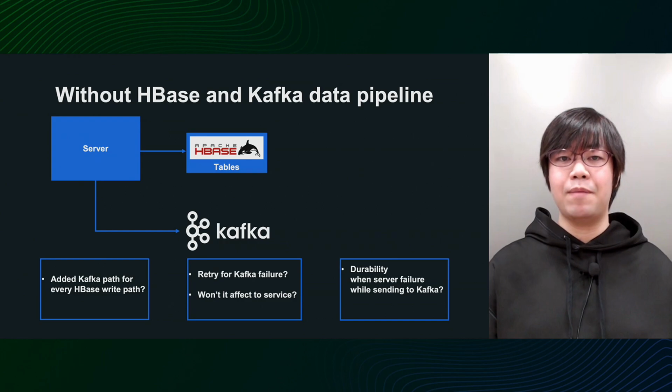Also, if sending to Kafka fails, how is the replication implemented? What about the retry logic? We also need to worry about the impact on the application due to retry. Also, one of the most difficult problems to solve is that it's possible to not be able to send all HBase writes if the application server fails while sending data to Kafka or during the retry process.